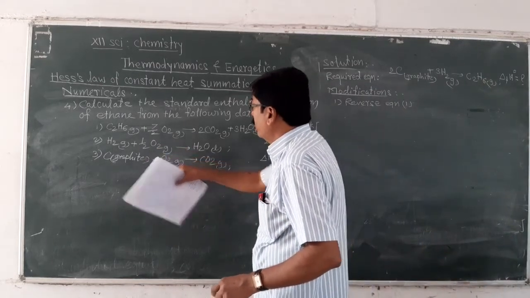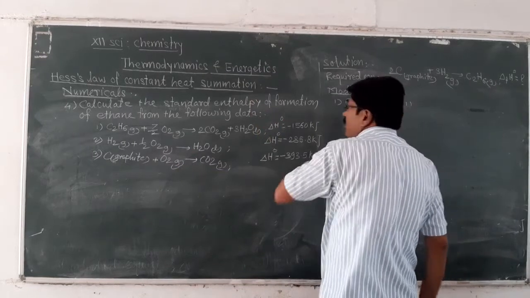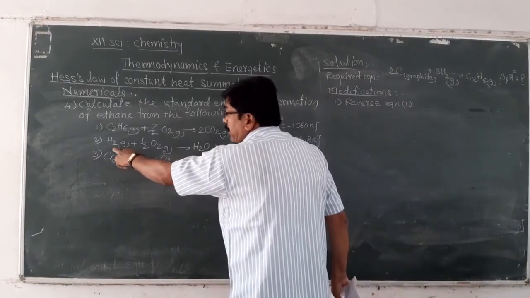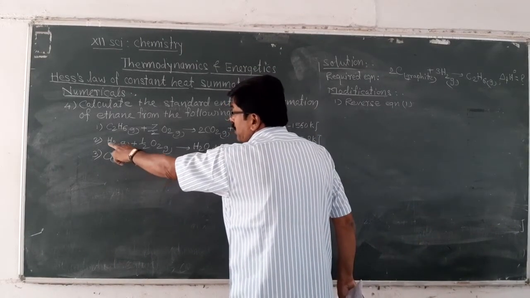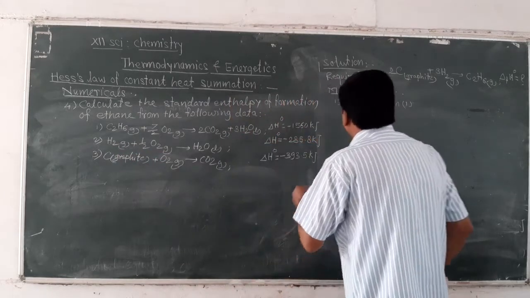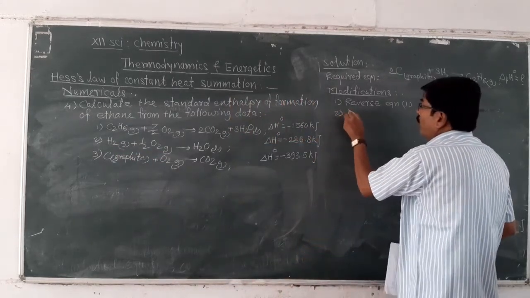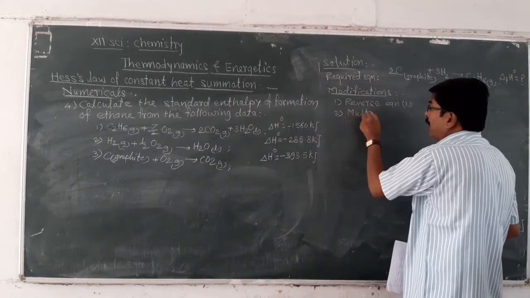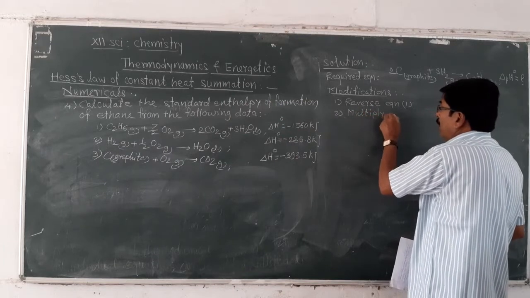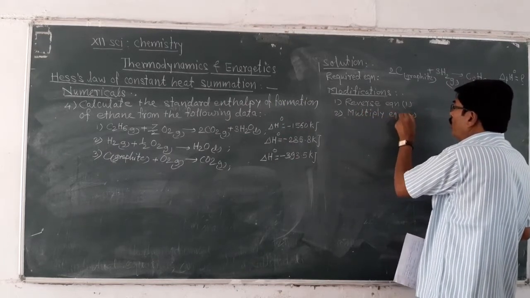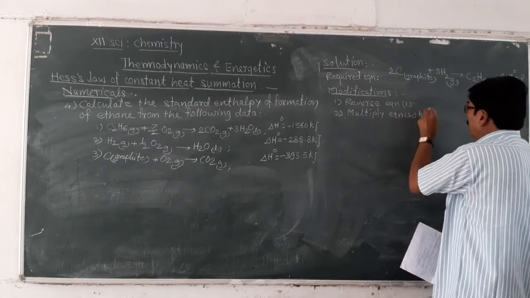Second equation, we want 3 hydrogen molecules on the reactant side. In the equation, only 1 mole of hydrogen is present on the reactant side. Therefore, you have to multiply equation 2 by 3.